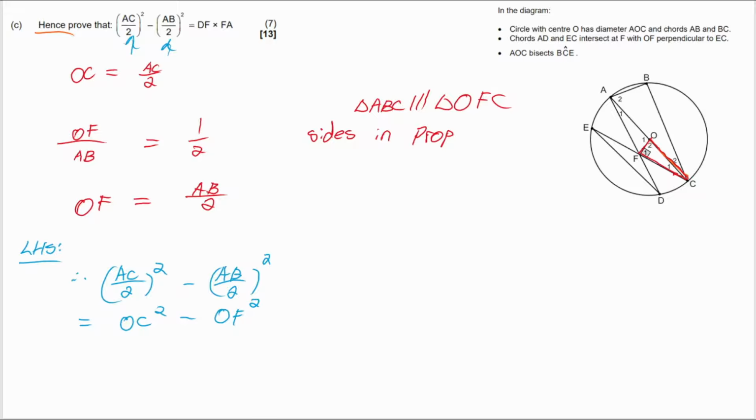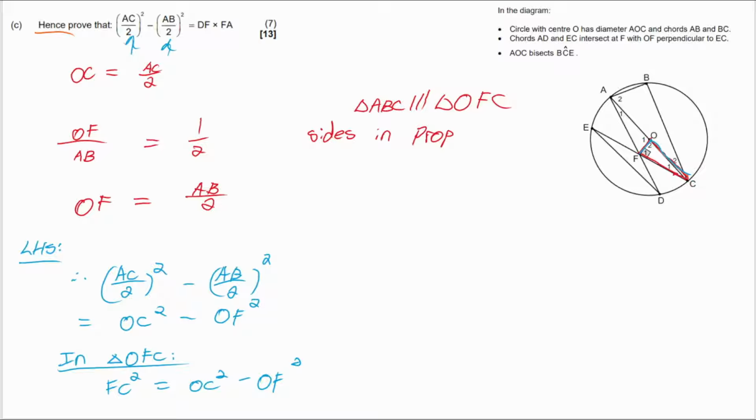Okay, but I know from Pythag, if we look in triangle OFC, that FC squared is equal to OC squared minus OF squared.